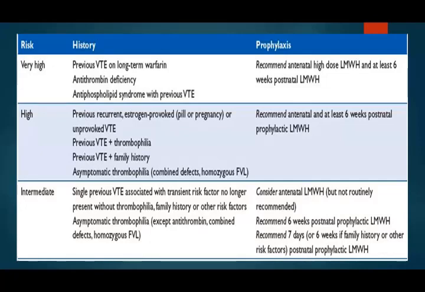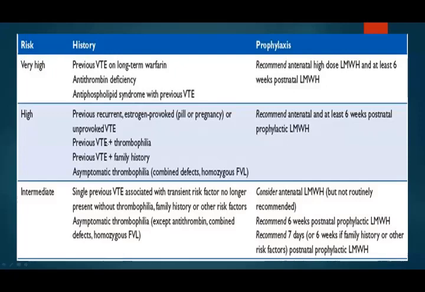Now you see, this is quite similar to this one, no? But you see, in the very high risk group, the patient is already on long-term warfarin. Here only the thrombophilia is known, and here the type is known as antithrombin deficiency. The patient suffering with thrombophilia specifically due to antithrombin deficiency would be in the very high group.